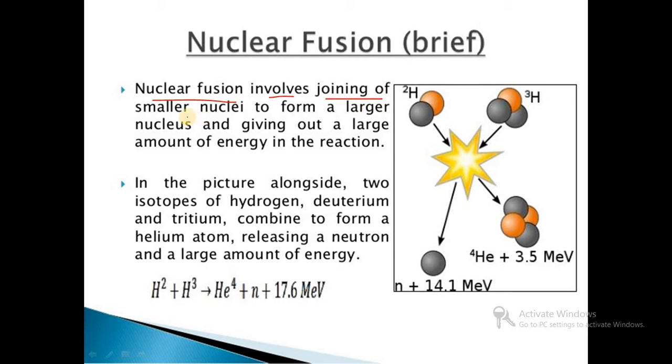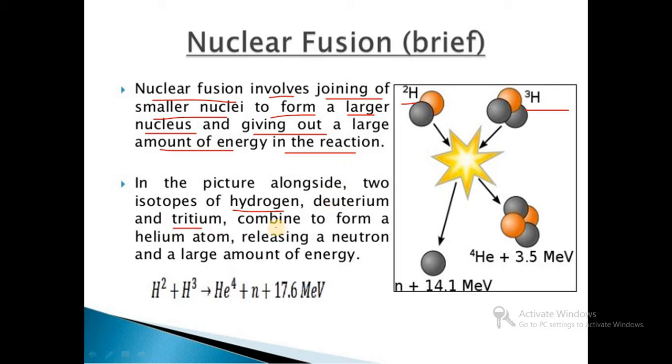Nuclear fusion involves joining of smaller nuclei to form a larger nucleus, giving out a large amount of energy in the reaction. The picture shows two isotopes of hydrogen, H-2 deuterium and H-3 tritium.